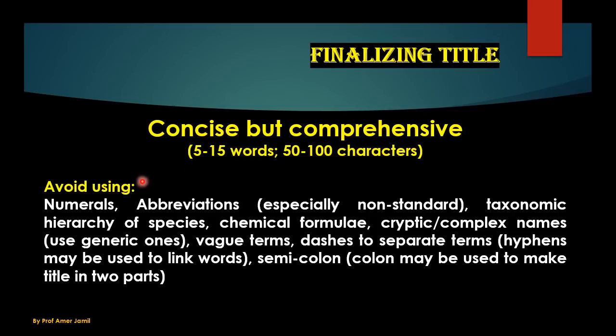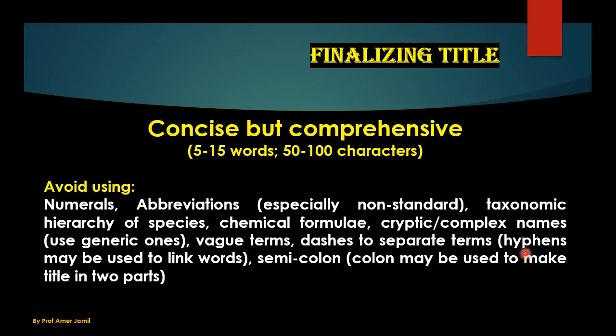And you should avoid using Roman numerals, abbreviations, especially non-standard abbreviations. Then there are the taxonomic hierarchy of species, chemical formulae, cryptic or complex names. Rather, you should use generic ones, like many vague terms, and you should not use dashes to separate the terms.